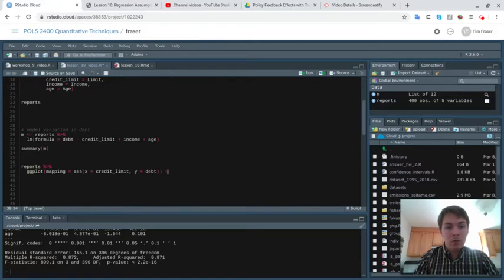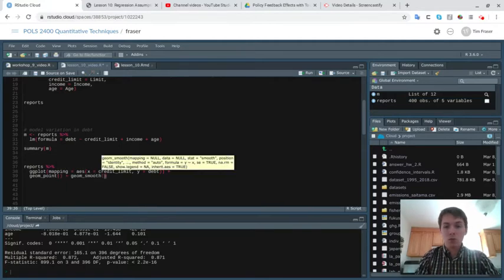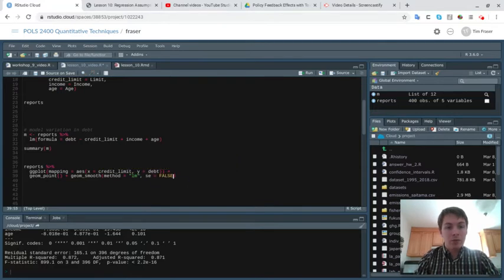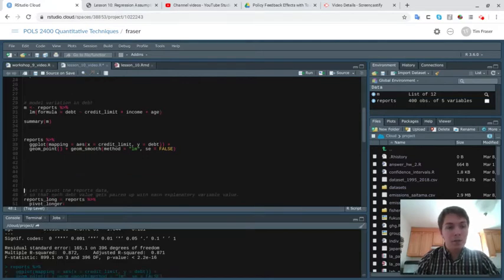And we are going to first use geom_point, and we're going to use geom_smooth to create the best fit line. And we're going to say method equals lm, and please don't worry about giving us a standard error confidence interval.